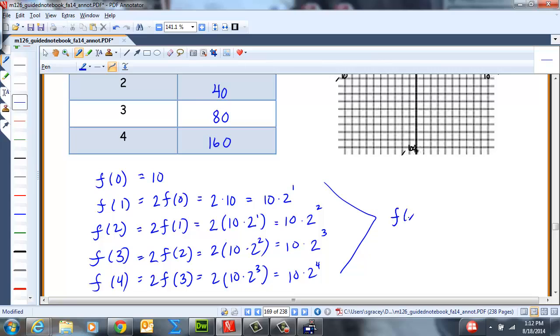So we'll have f of x is equal to 10. And then what power is that 2 being raised to? It's being raised to the same number as what's in the parentheses. Do you see that? These match. So if we follow that same trend, we would have 2 to the x. And that's our function.